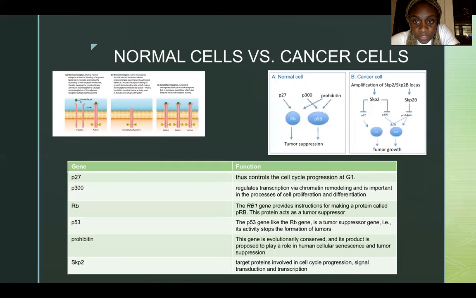So do P300, prohibitin, and P53. However, with cancer cells, you have SKP2, or SKP2B, which basically inhibits the genes that aid in tumor suppression.